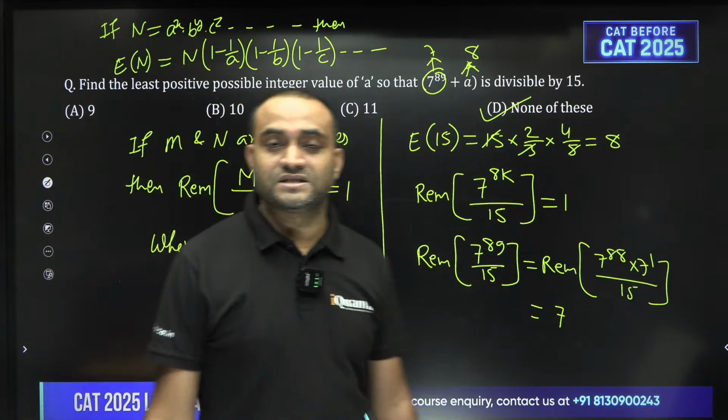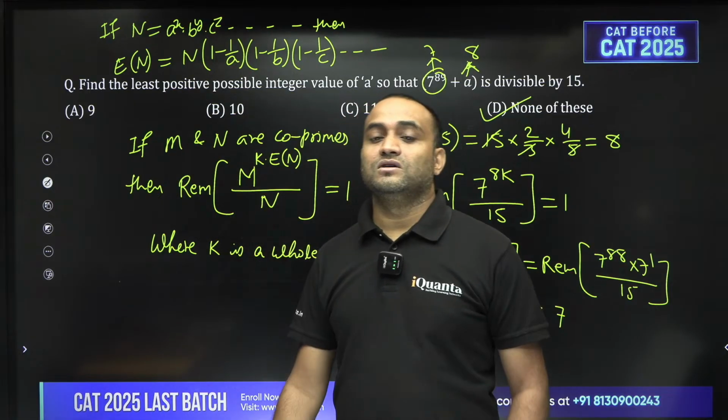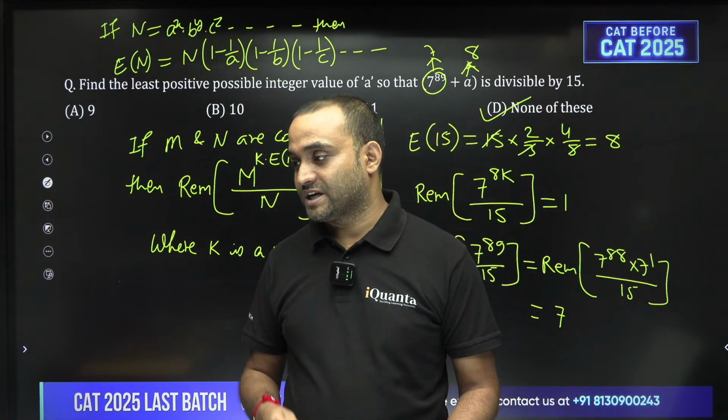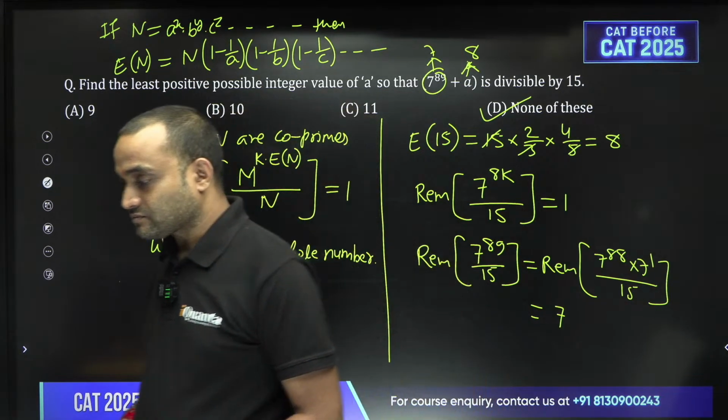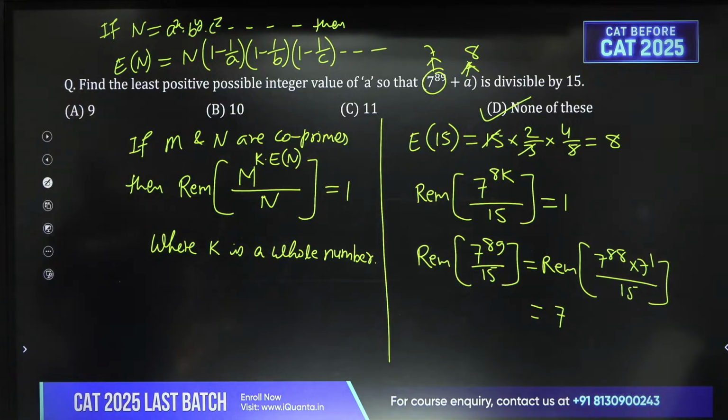Okay, this is how you find Euler of any number.